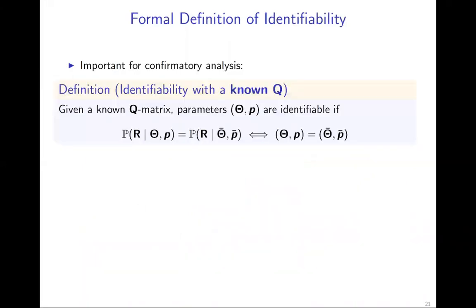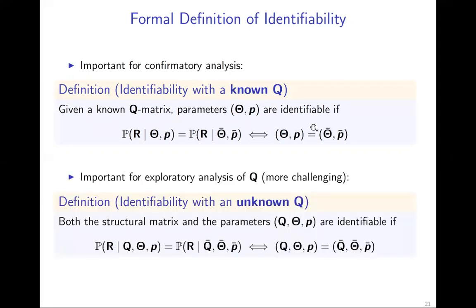So here come the several definitions of identifiability. First, traditionally, people have asked the question that if we know the Q matrix, when are model parameters theta and p identifiable from data? This type of result can be important for confirmatory analysis. But a more challenging question would be, what if we do not know Q? In an entirely exploratory analysis, we want to estimate both the Q matrix and the model parameters.